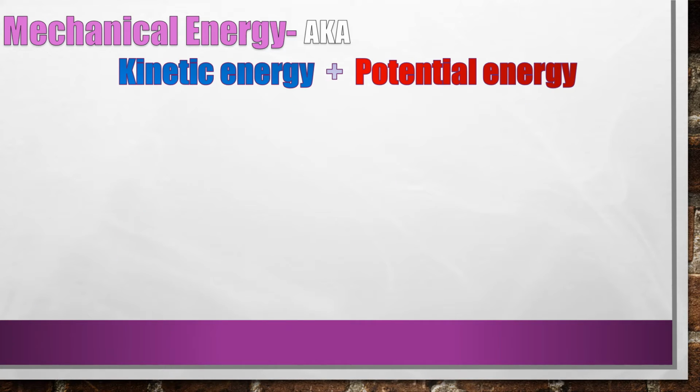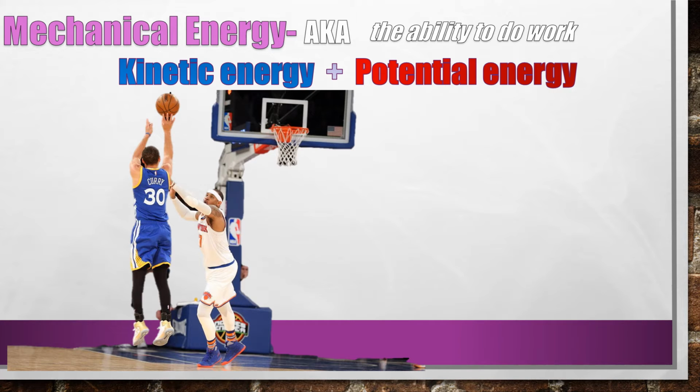Or for those of you that are sports fans, it's the idea of being able to do work, right? So shooting a basketball, we don't think of that as being mechanical energy, but it absolutely is, right? Inside your body is the stored ATP and chemical energy in potential form. You go to shoot it, and as long as that basketball is in your hand, it's just potential energy.